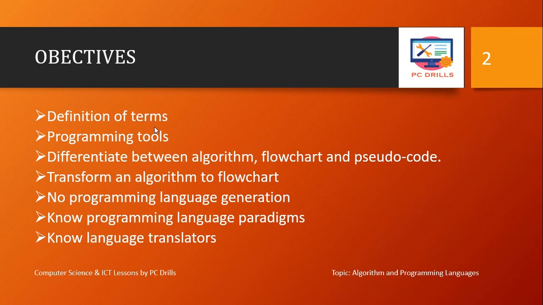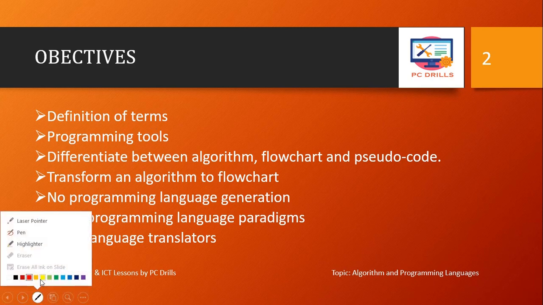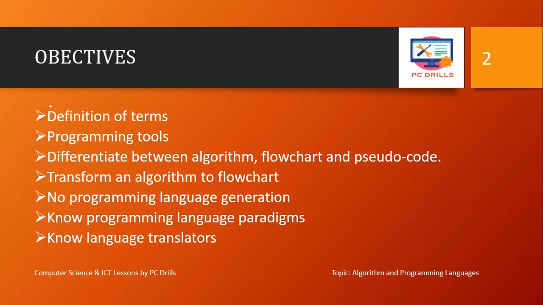To begin, for the chapter, at the end you should be able to know some objectives, some definitions of terms, programming tools, and differentiate between algorithms, flowcharts, and pseudocode. You should be able to transform an algorithm into a flowchart.